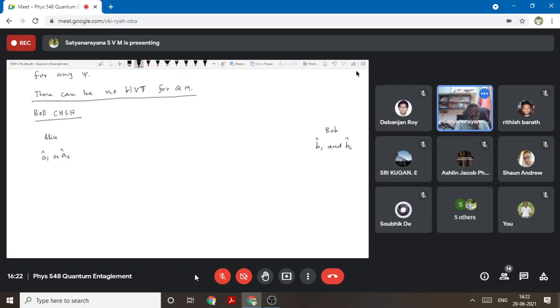So A1 cap and A2 cap, and then you can think of a correlation function like this.